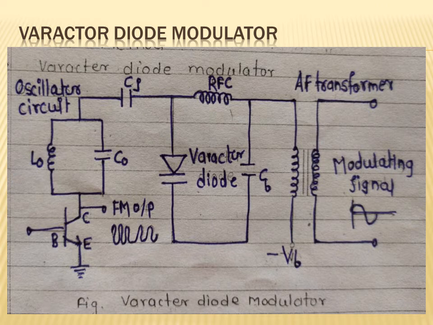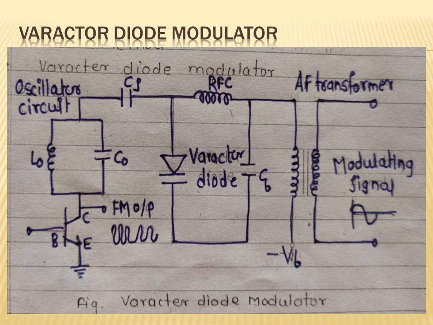Minus VB is applied to the varactor diode. Due to this negative voltage, the varactor diode goes into reverse bias.